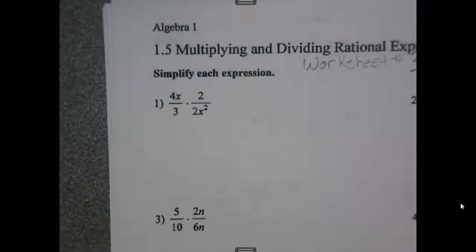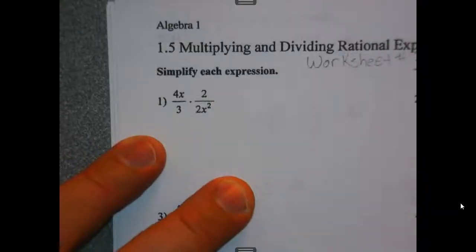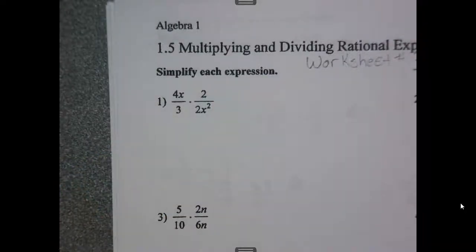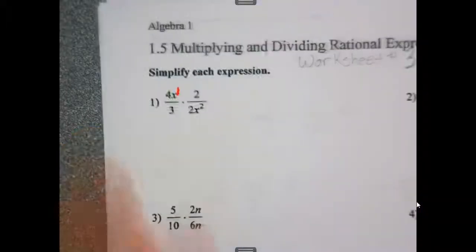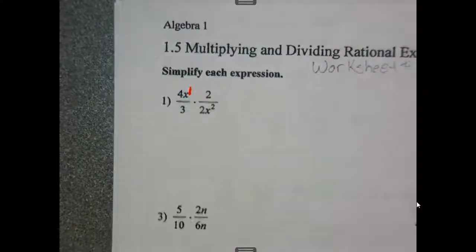X squared. Right, we're introducing more than one x being multiplied together. Okay, so if I don't have an exponent on x, what is there that we don't normally write in? It's to the first power, right? There's no exponent there. It's to the first power.